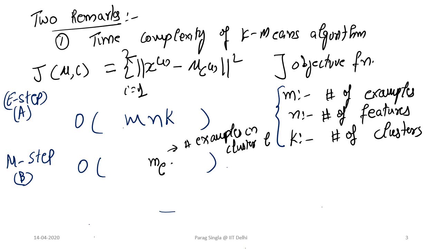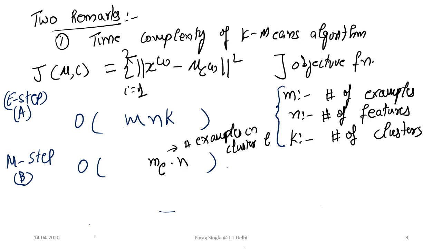And then we want to average over those points, and averaging over n-sized examples takes order n time. In some sense, we are averaging m_l points, and each point has n features, so we have to average over each of these features.